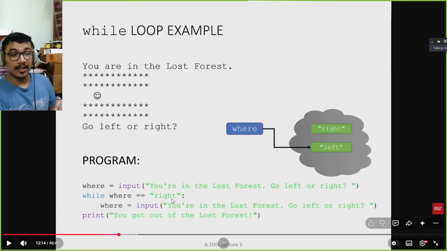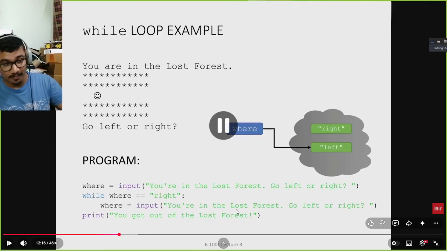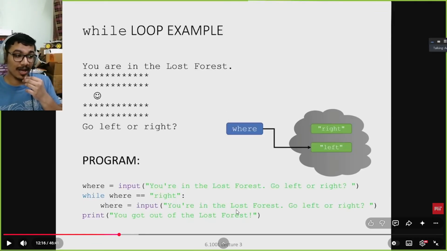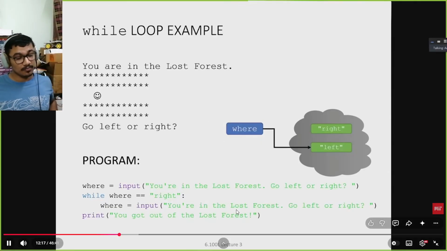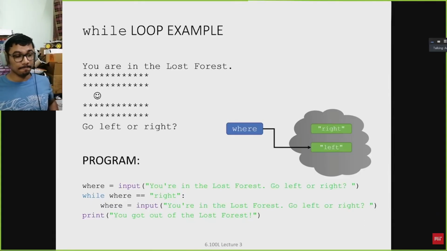So it's just going to end and come out of the loop, and print you got out of the lost forest. So when we type in left, we have where equal to left. At that point, when the condition is checked again, Python will say, nope, this is not equivalent, so I'm not going to go inside this code block. I'm just going to go down here and print you got out of the lost forest.